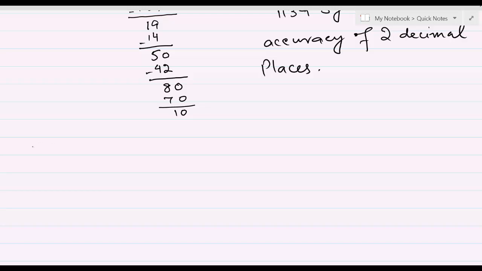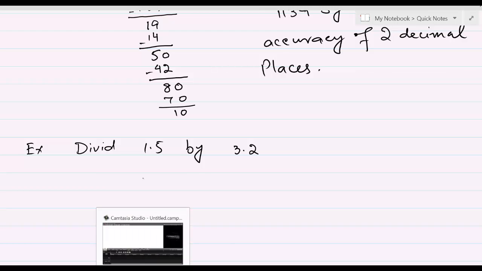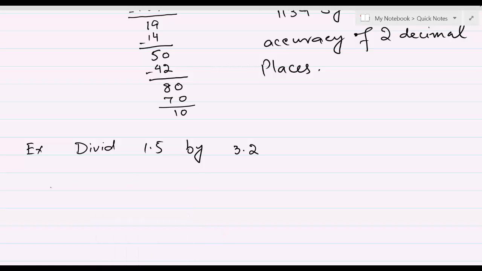For example, if we take one more question and we say divide 1.5 by 3.2, then how are we going to write? We can definitely write it like this.